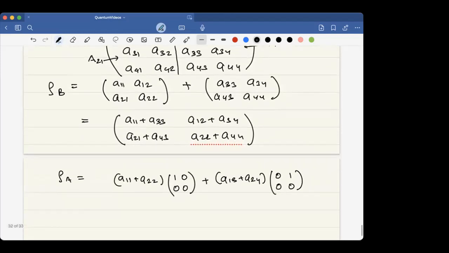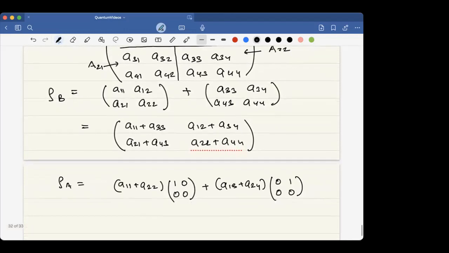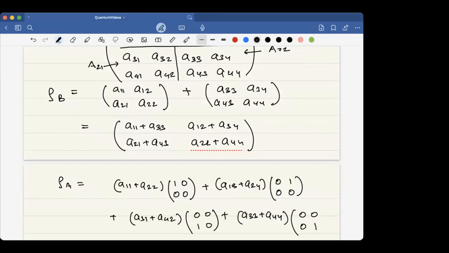And similarly, plus the trace of capital A21, which will be A31 plus A42, multiplied by E21. And finally, A33 plus A44 multiplied by E22.